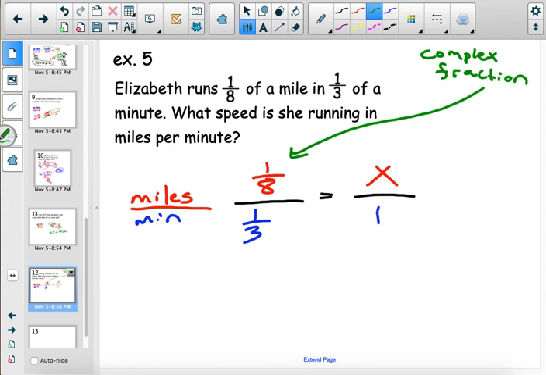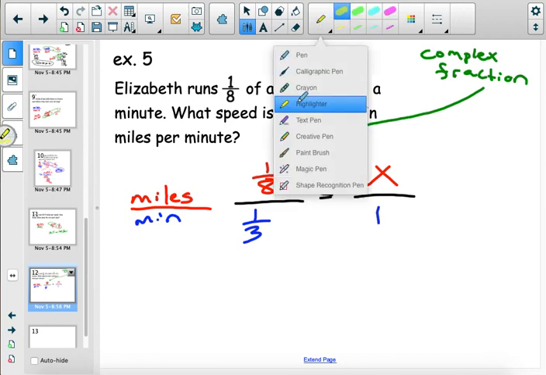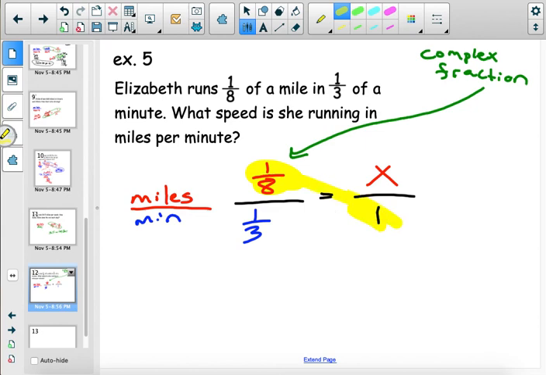What are the two numbers that you know or you're going to multiply? Yeah, 1/8 times 1. What is 1/8 times 1? Divide by the outside. What's the outside? So you have 1/8 divided by 1/3.